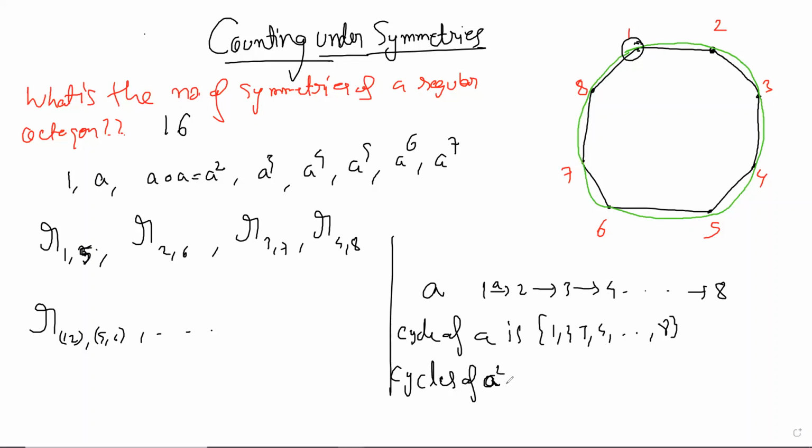Can anybody tell me what the cycles of A squared will be? Yes, that's right. 3 to 5. Basically, you'll get all the odd numbers.